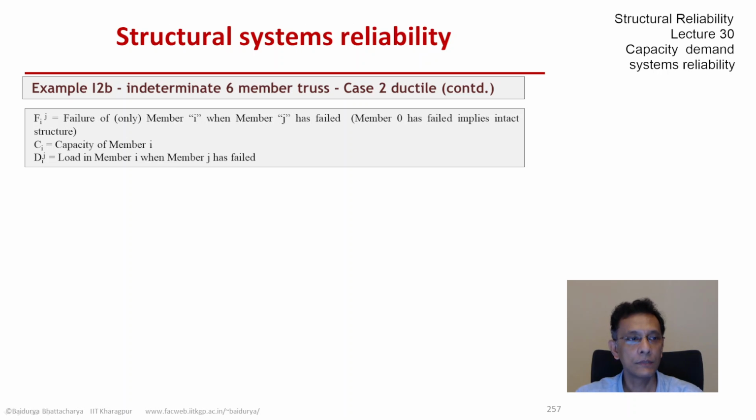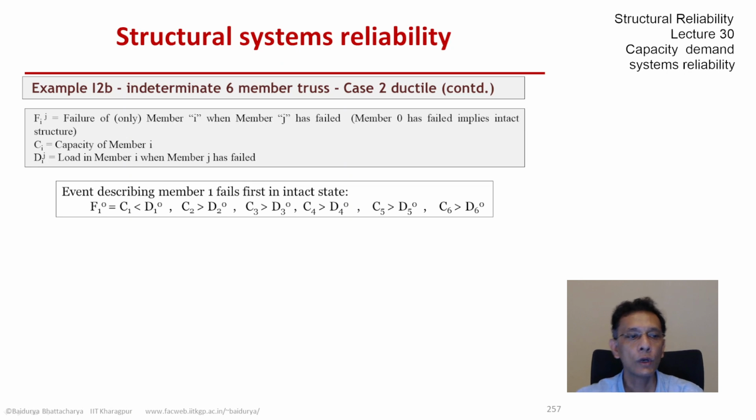Let's define, as we did before, FJI is failure of only member I when member J has failed, and CI is the capacity of member I as before, and DJI is what we just defined. So F01, the event describing that member 1 fails first, when the truss is intact.